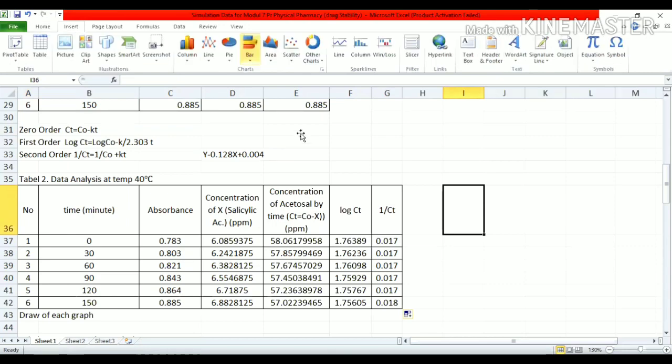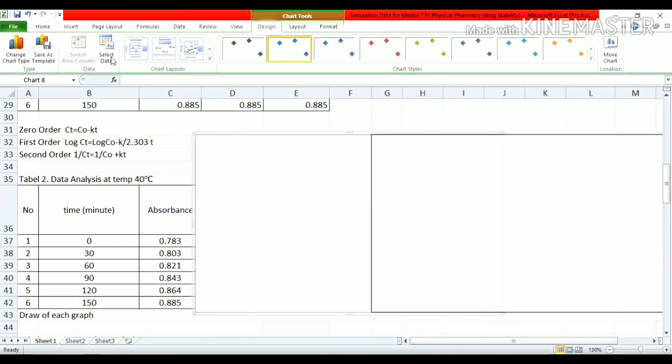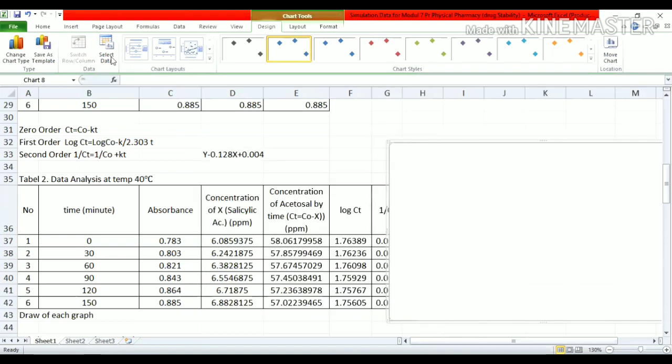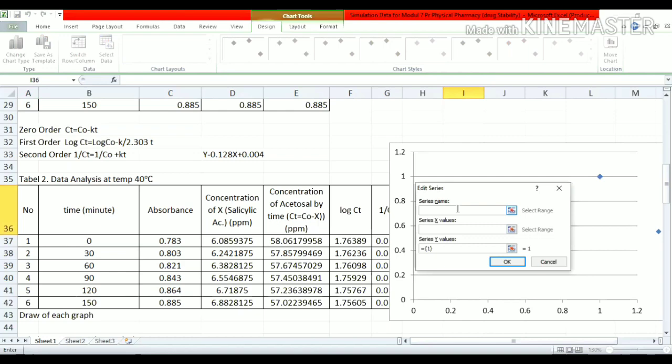The x-axis will be the time, and the y-series is concentration by time.